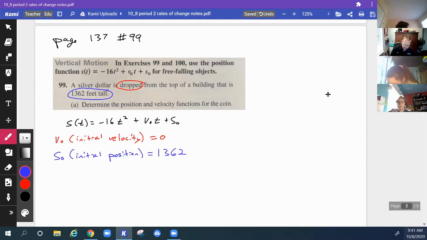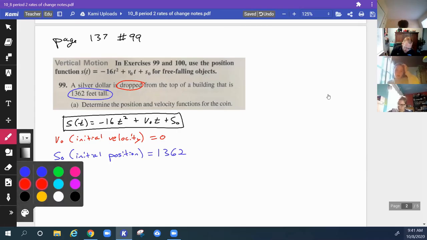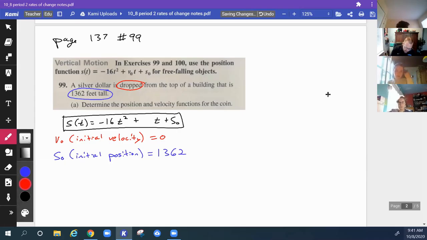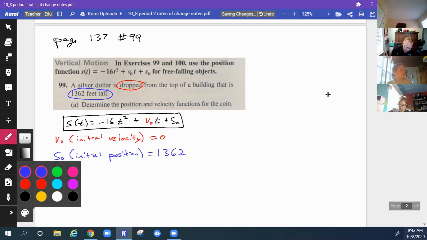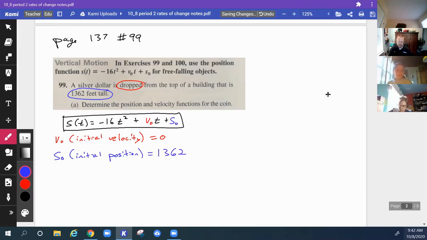So when I set up and use this equation and plug those things in, remember that v of 0 is going to be that 0 value, and s of 0 is going to be the 1,362. I'm just plugging those numbers in, and what I'm going to get then is this equation.